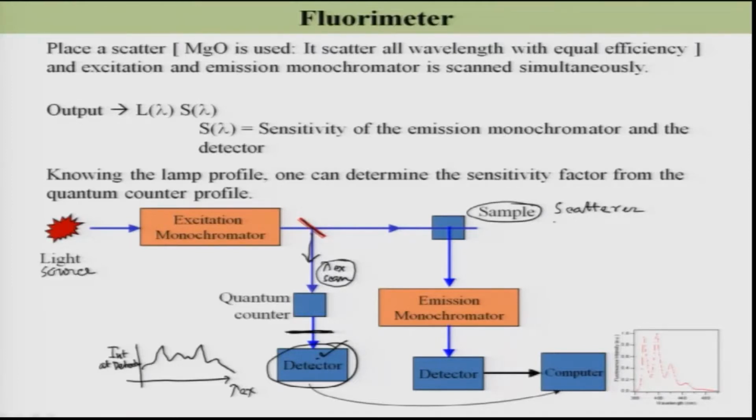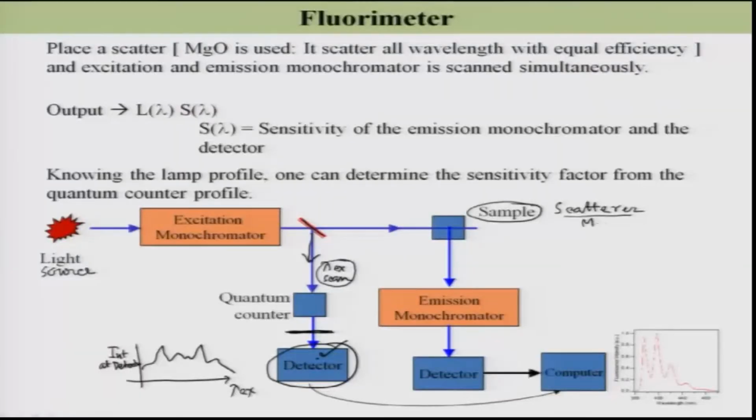For that scatterer, I will choose the material in such a way that the scattering efficiency is equal for all wavelengths, and the substance for that is MgO, magnesium oxide. So, I take this scatterer inside my sample chamber.